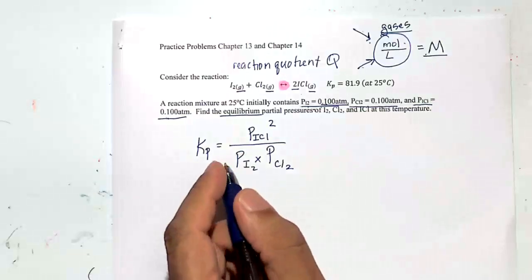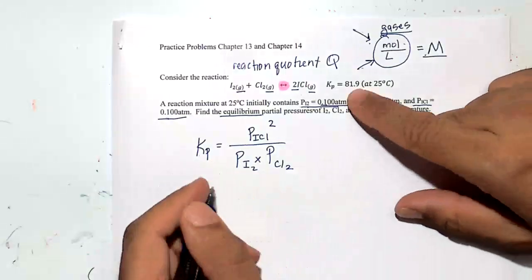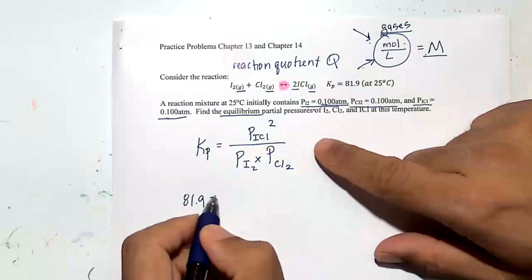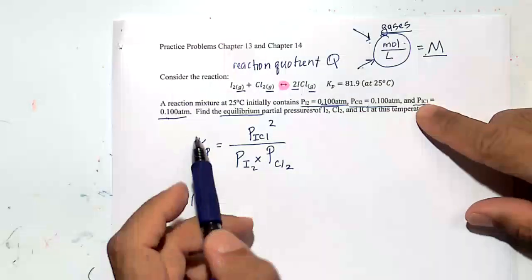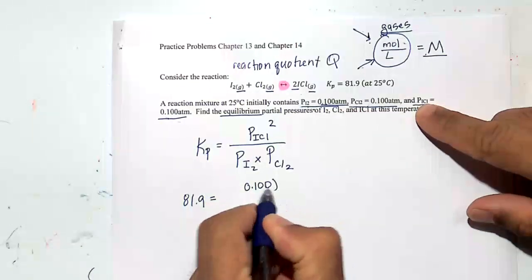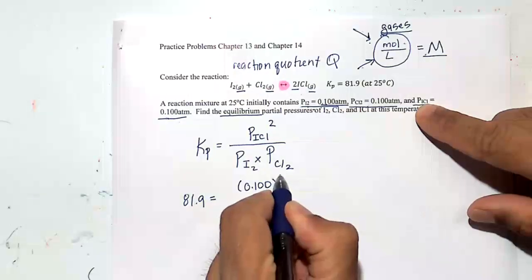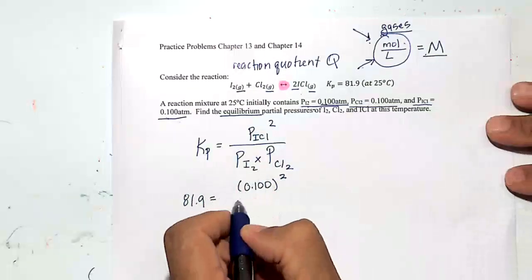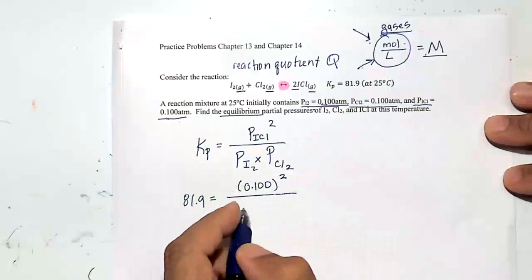So the way to determine if we are truly at equilibrium: 81.9, which is given to us in the problem, should equal, what is the pressure of ICl given to us? 0.1 squared. Everybody know why we square this, right? Because of the 2. Very good, Royce.